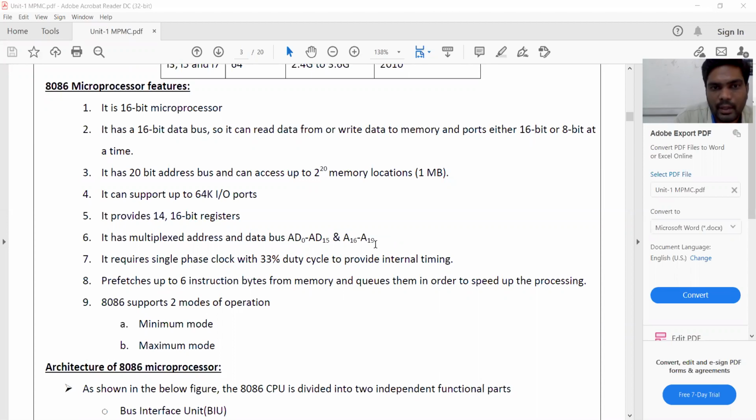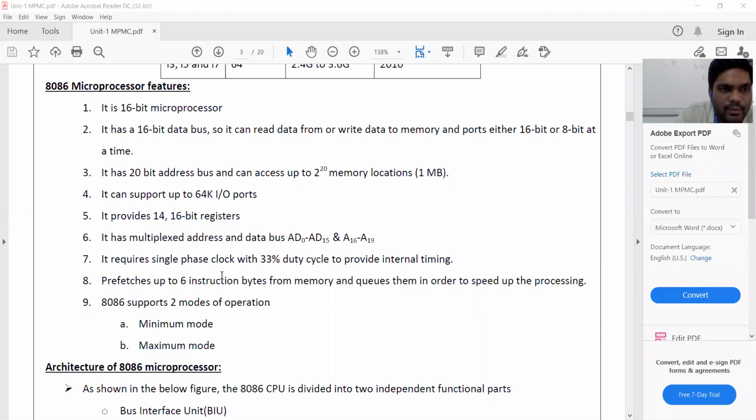This point will be clearer when I deal with the pin diagram of the 8086 microprocessor. For the time being, keep this in your mind.